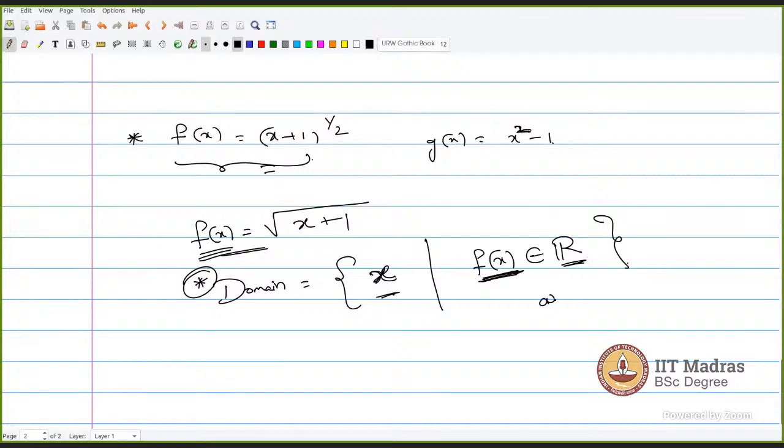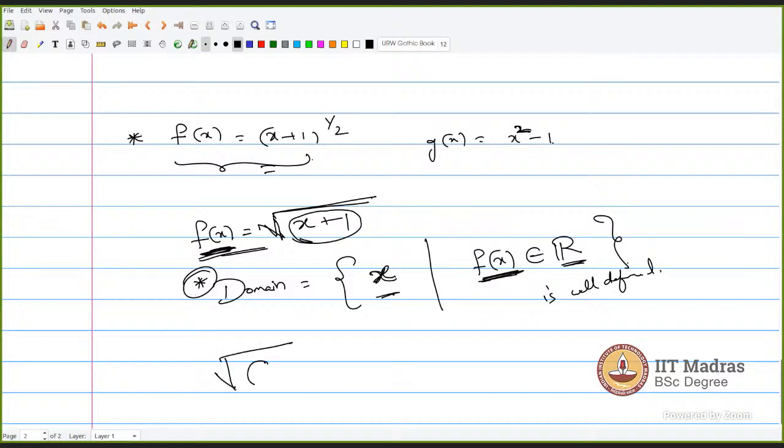Both are the same. f of x being well defined is the same as saying f of x takes real values. Now in this case, if my f of x has to take real values, whatever is inside the square root should be non-negative. Then only will I get f of x as a real number.